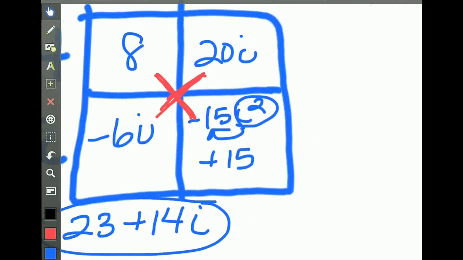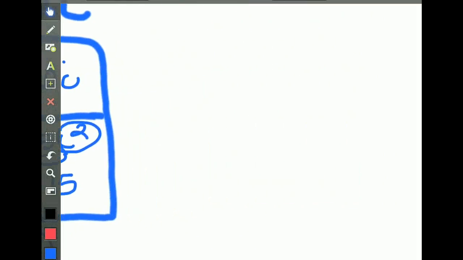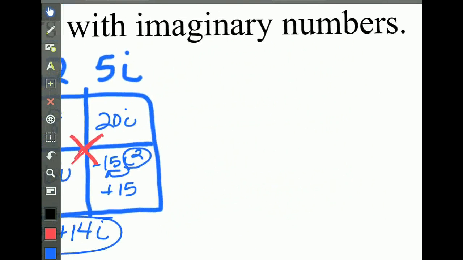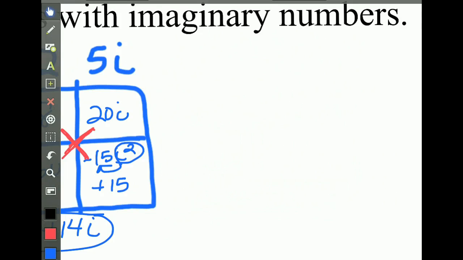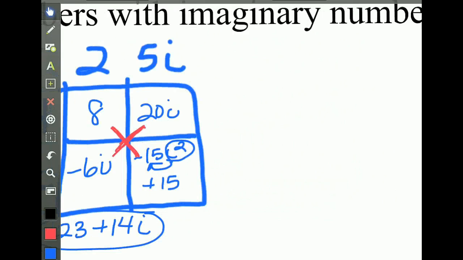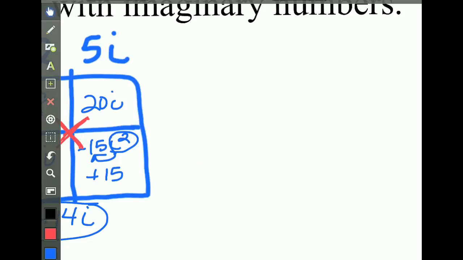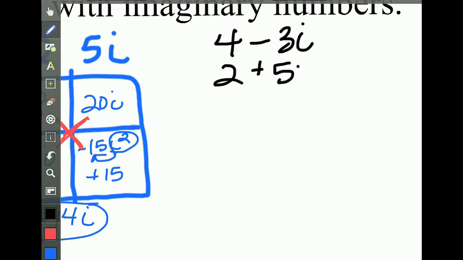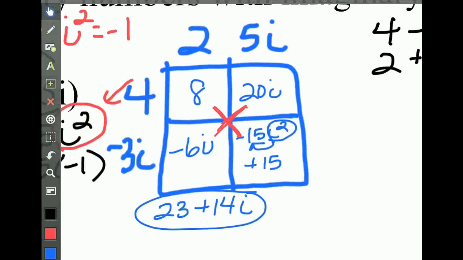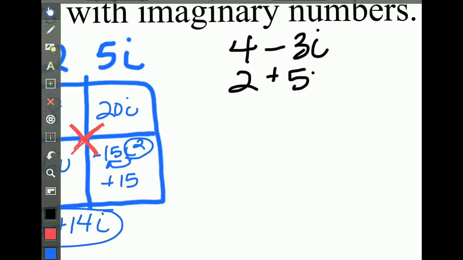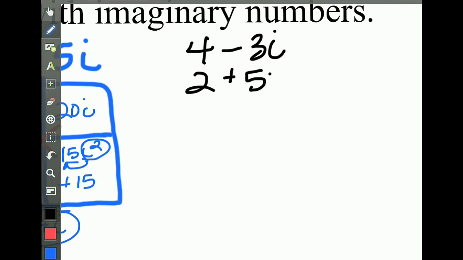Okay, let's do the vertical method so those people don't feel left out. So you would have, what we got going on over here, 4 minus 3i, and 2 plus 5i. Third time doing it, you'd think I'd remember, but it's late, so it's okay.